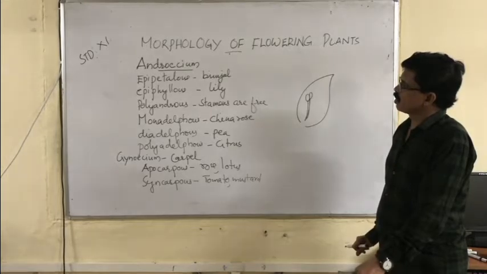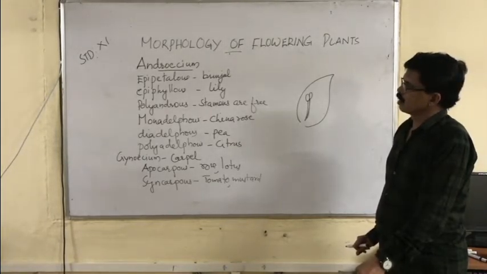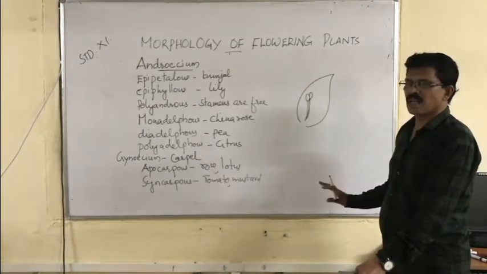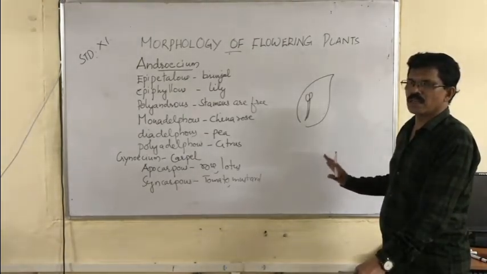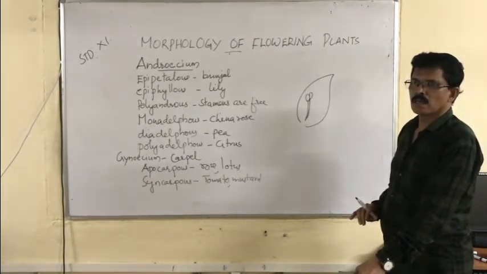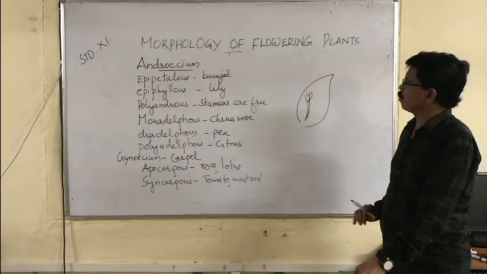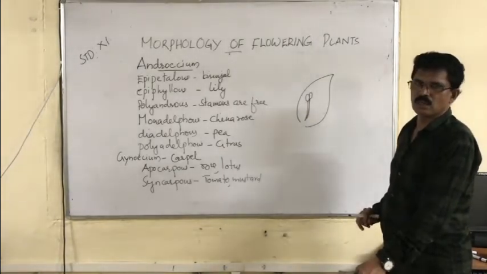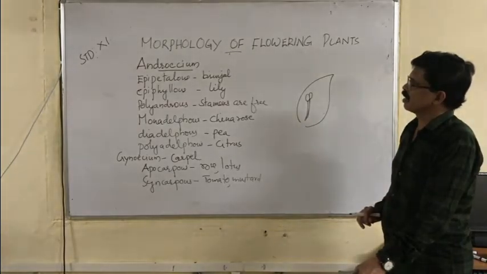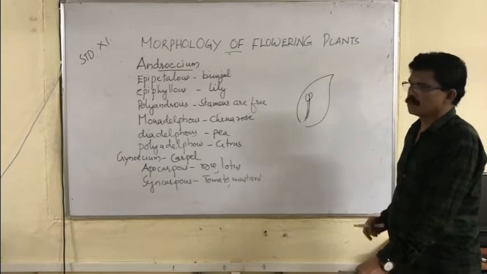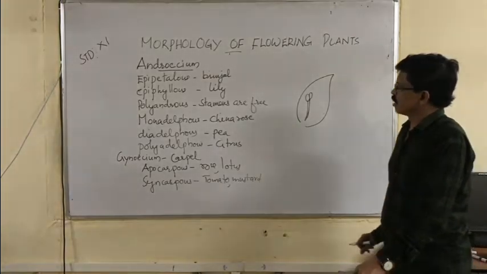Such stamens are called epipetalous stamens. So what is epipetalous stamen? When stamens are tightly attached to the petals. Example, brinjal.